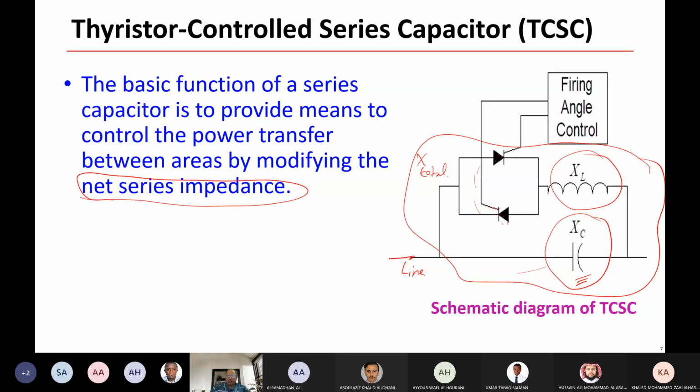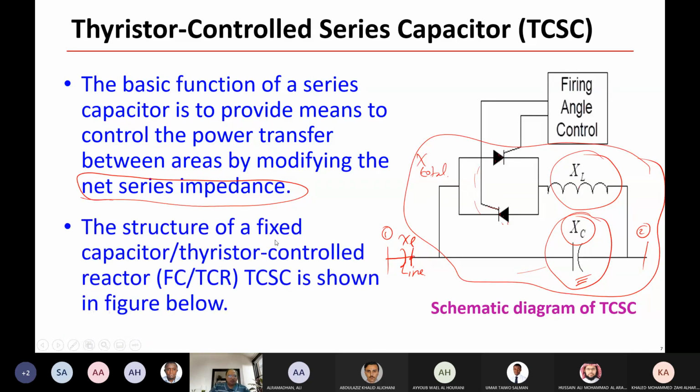So this line has a reactance X line, and this X line is connected in series with the capacitor here, or controlled capacitor. And this X can be controlled by switching of this XL. So at the end, you can control X1, 2. If this is bus 1 and this is bus 2, and you connect here this device in series with the line, eventually you can control the net impedance.